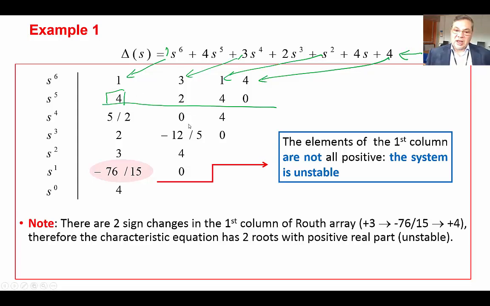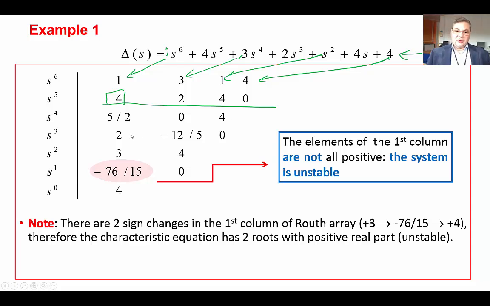The second element, again with this pivot: 4 multiplied by 1 is 4, minus 1 multiplied by 4 is 4. 4 minus 4 divided by 4 is 0. The third element, again with this pivot: 4 multiplied by 4 is 16, 16 minus 0 remains 16, divided by 4 gives 4.